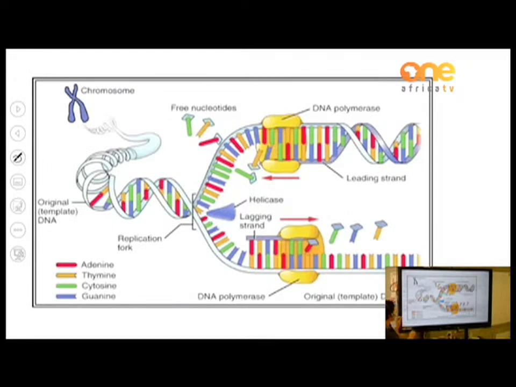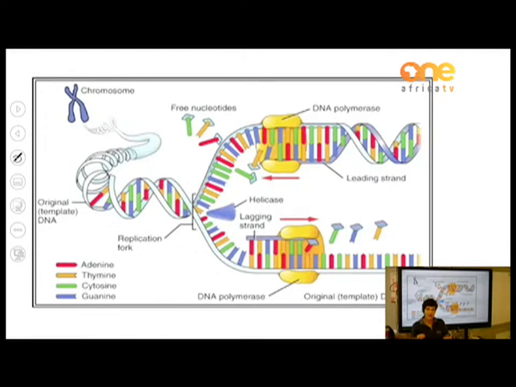Then we have the replication of DNA. That is for the cell to divide and make two identical copies of the cell. When do I want cells to divide and make identical copies? I want it when I want growth to take place.